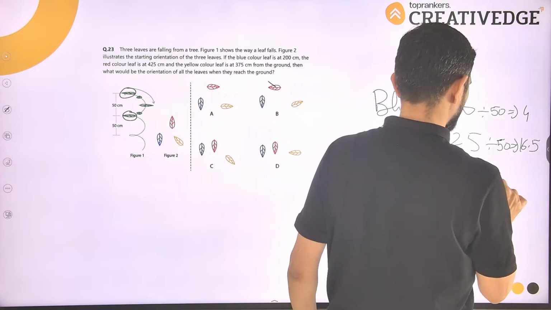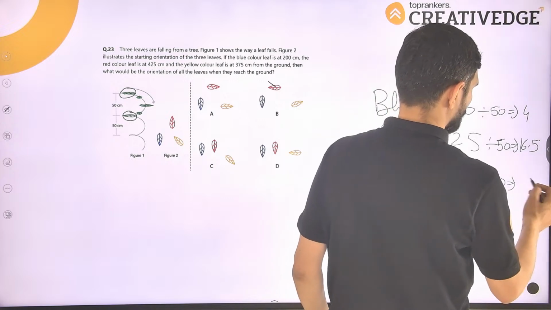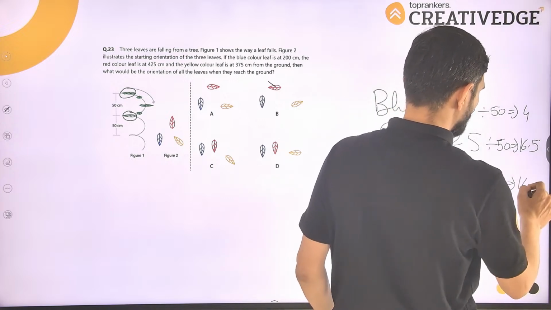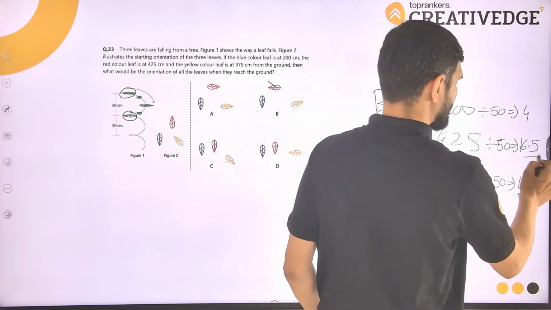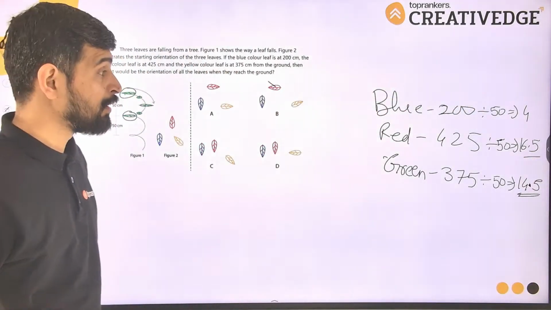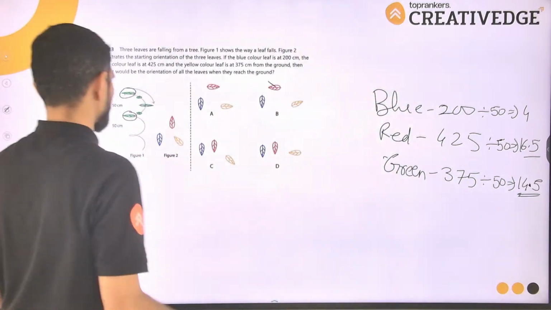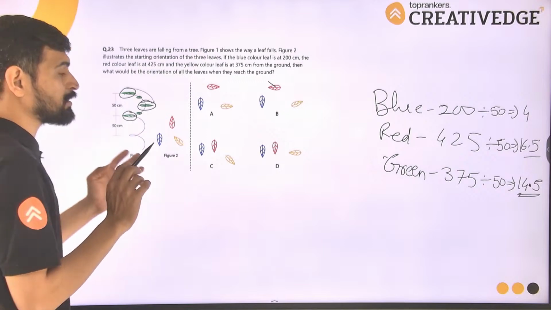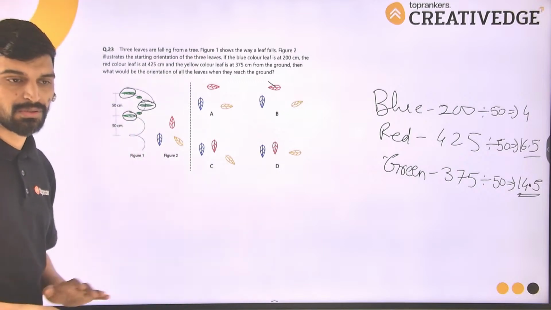And when you divide 375 by 50, you will have 14.5, right? So this 16.5 and 14.5 represent a mid distance in which the orientation is diametrically opposite to what it was originally.